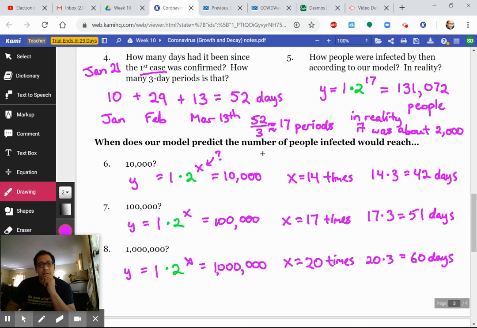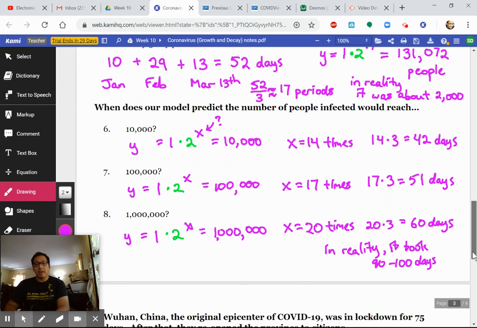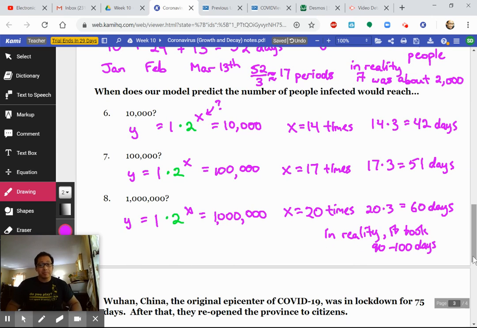April has 30, so we'd have to add 30 more, so that's 80. Yeah, maybe 90 to 100 days. In reality, it took 90 to 100 days. So our model's predicting a faster growth than what actually happened. Why is that? Well, we'll look at that in part 3.